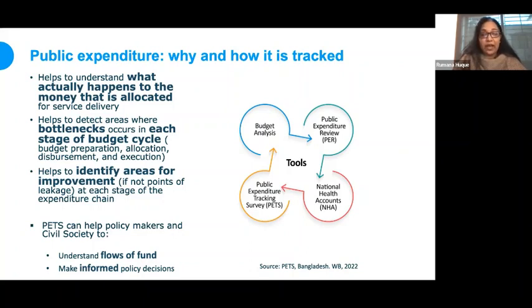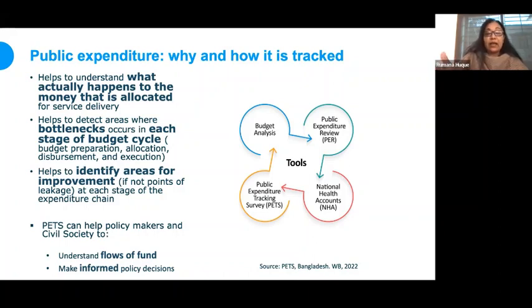Public expenditure tracking, as opposed to the national health accounts, looks more into the ways of fund flow, whereas the national health accounts give the macro picture, how much funding is coming and where it is going in broader terms. But public expenditure tracking is even more of a deep dive and more focused on budget analysis.